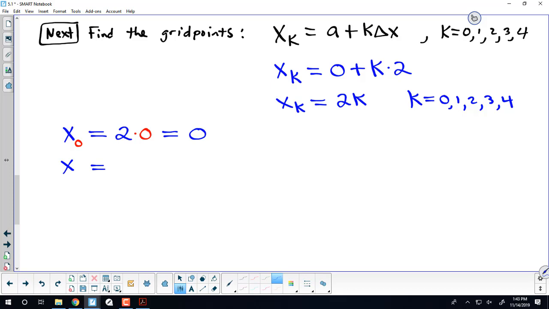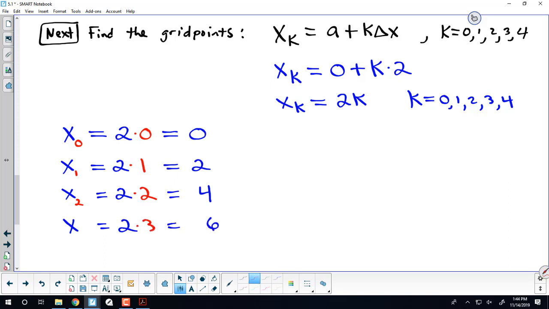X sub 1 is 2 times 1, which is 2. X sub 2 is 2 times 2. X sub 3 is 2 times 3. And x sub 4 is 2 times 4, which is 8.